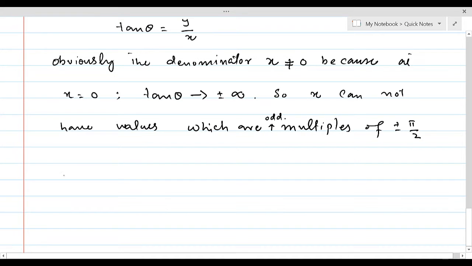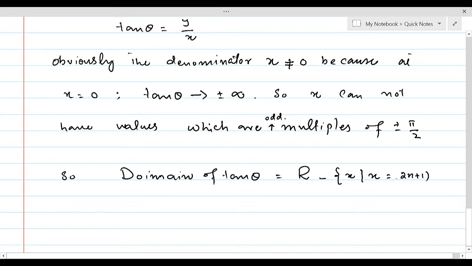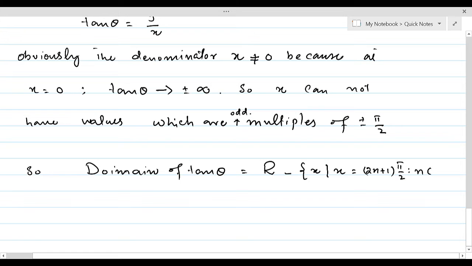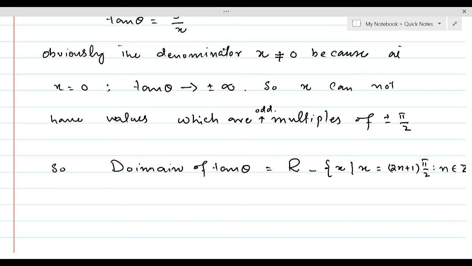Thus, the domain of tan theta will be equal to the entire set of real numbers minus those values of x where x is equal to (2n plus 1) pi by 2, for n belonging to Z. So this is what we are not allowed to have for values of x.